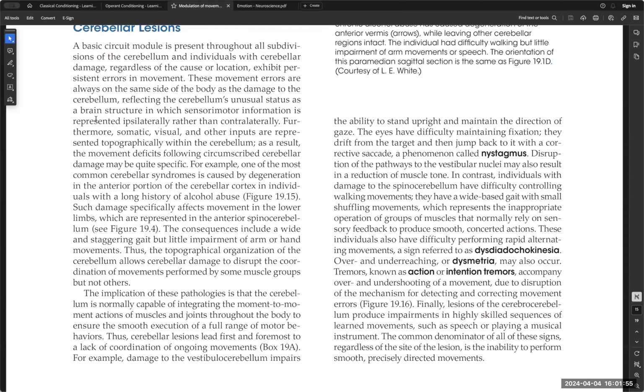And vestibular information, which nerve carries that? 3, 4, 6, 8. Yep.